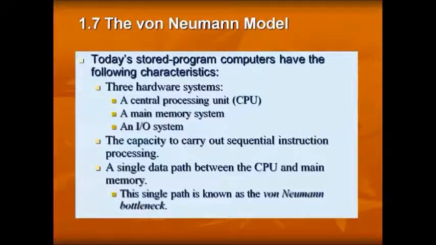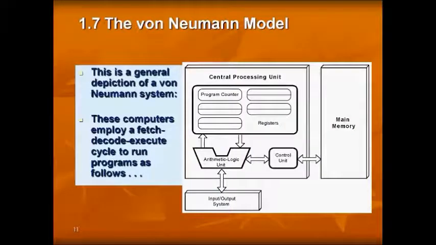So trying to look at the von Neumann model or architecture, this is the general depiction of the von Neumann system. These computers employ a fetch, decode, execute cycle to run programs as follows. So again, for the von Neumann model, the cycle is fetch, decode, and execute.